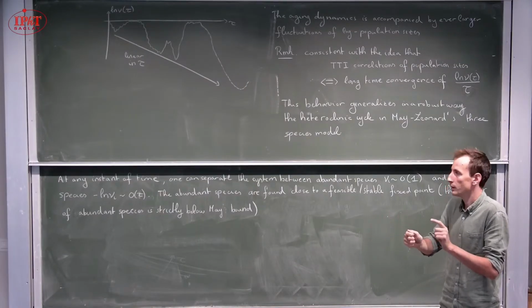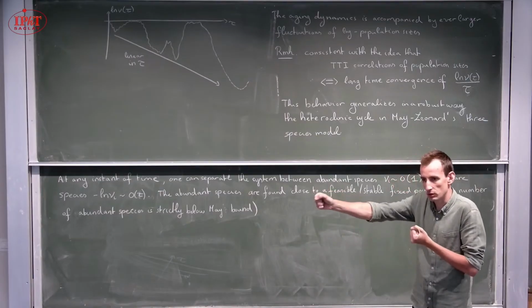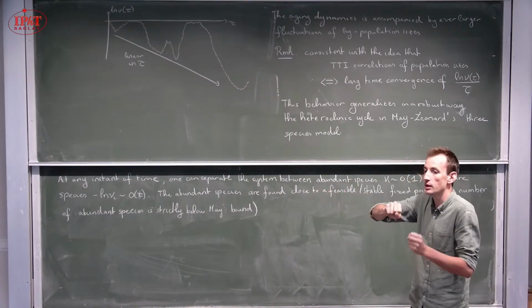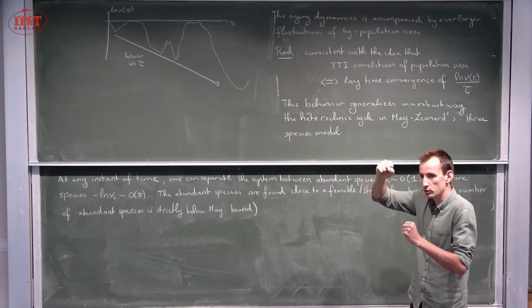What you cannot do in finite time as s goes to infinity is interpret the transition as discrete transitions from fixed point to fixed point.